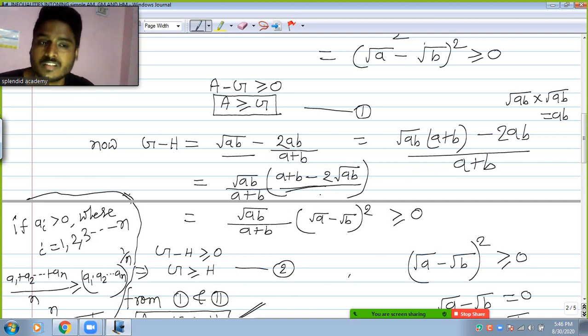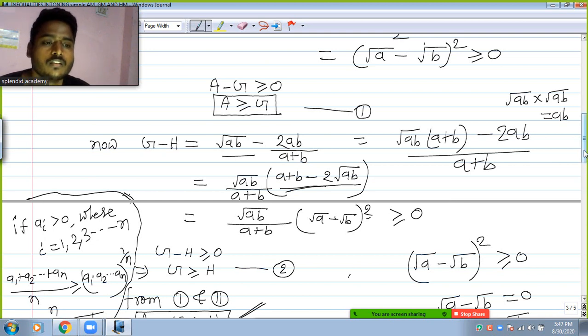What we are left with under the bracket is (square root of a minus square root of b) whole squared. We can write this as we did in the first case. Again this expression is greater than or equal to 0, and this is nothing but G minus H. That's why G minus H is greater than or equal to 0, and further G is greater than or equal to H. So this is the second case.